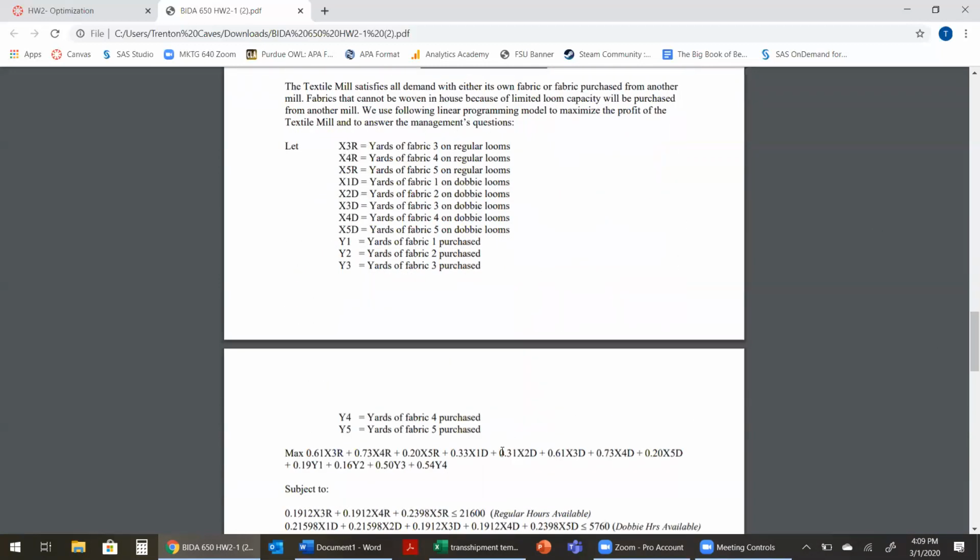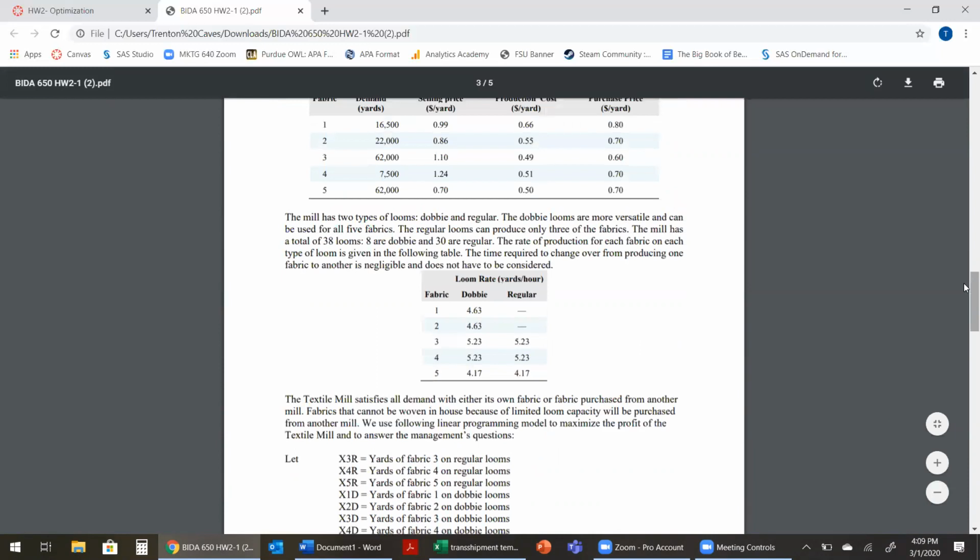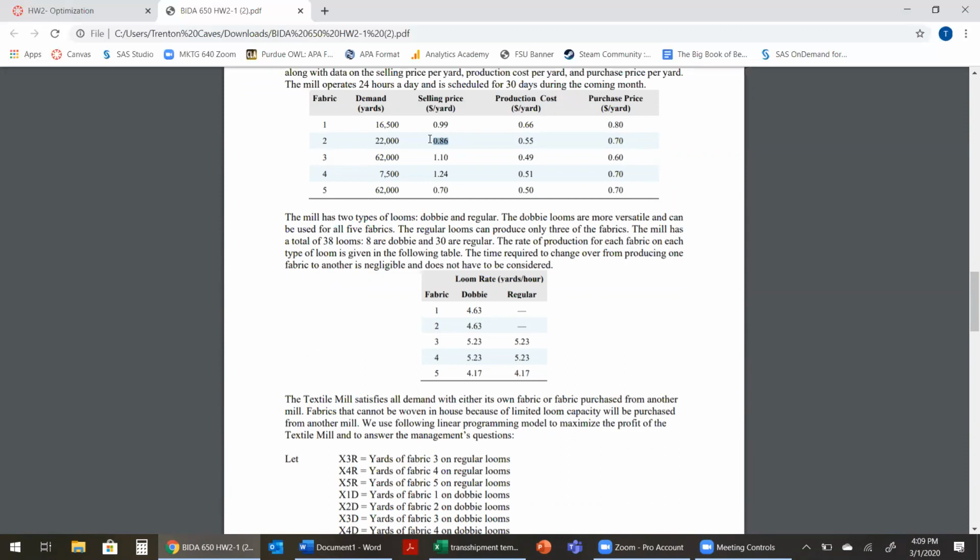That's where we got the value for our objective coefficient. So if our selling price increased from 86 cents to $1, how much does that change? $0.14. 14 cents.